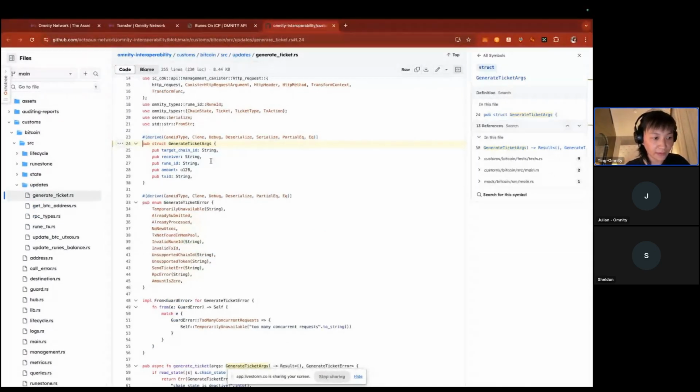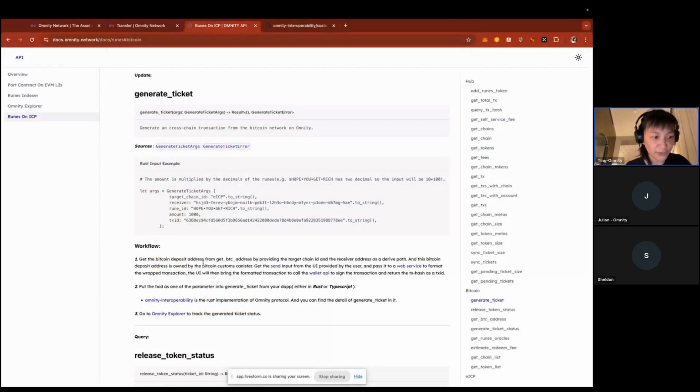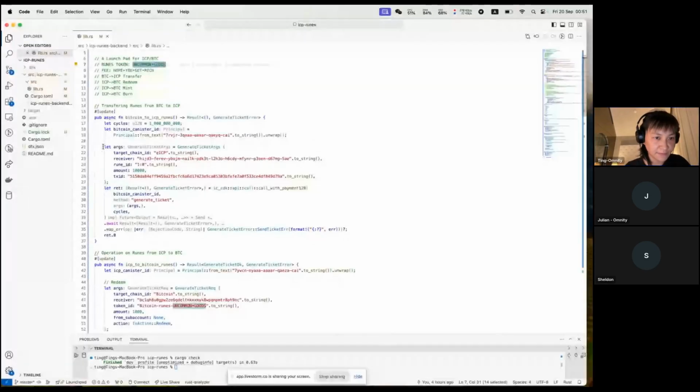You can get all these parameters directly from the user other than this transaction ID here. And this is the process of how to get it from a wallet call, a wallet API. We have actually done it from our bridge UI, and the formatted input will be something like this.